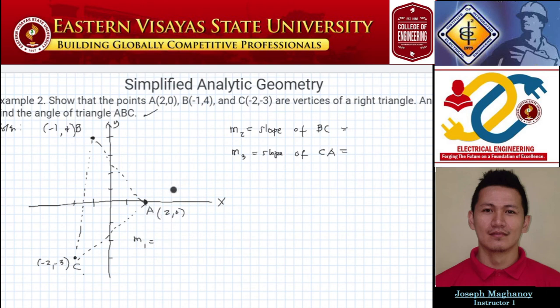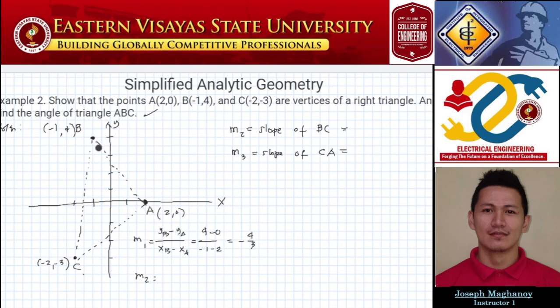So going there, this is your YB minus YA over XB minus XA. Therefore, we have 4, 0, and negative 1 and 2. Therefore, our slope 1 is negative 4/3. Same with our slope 2.